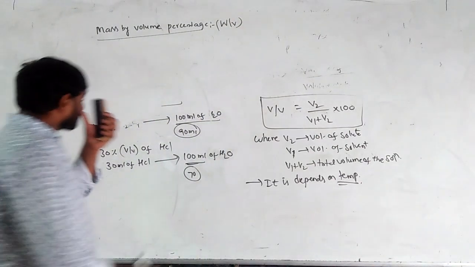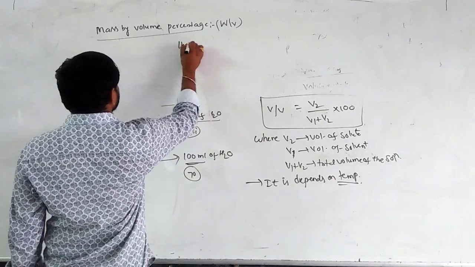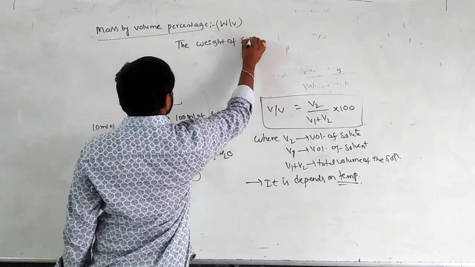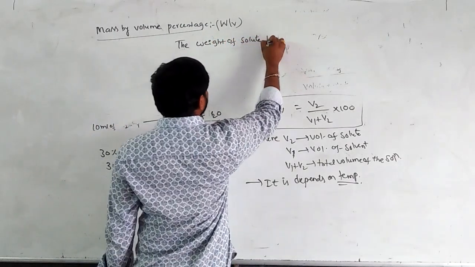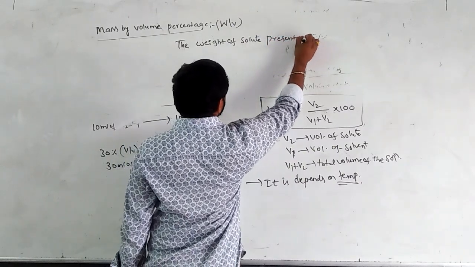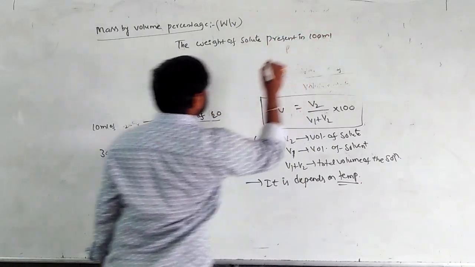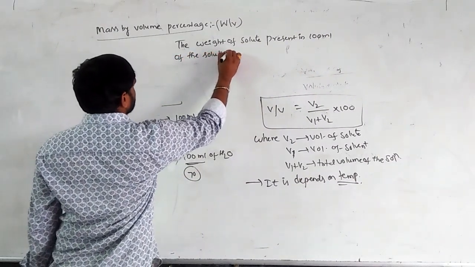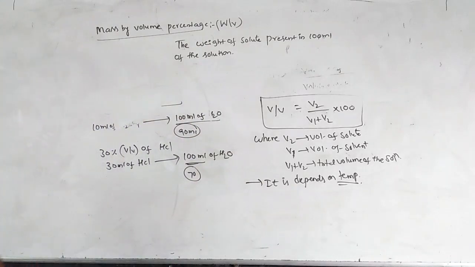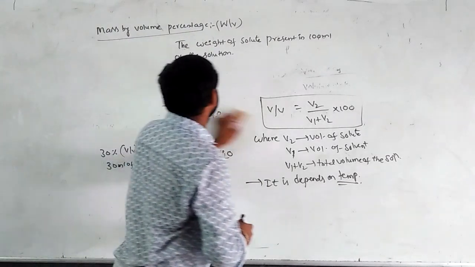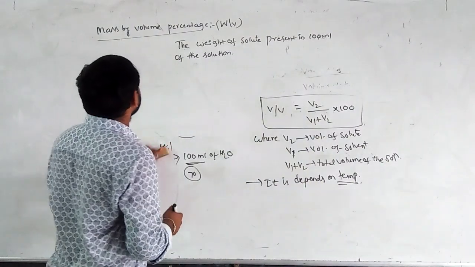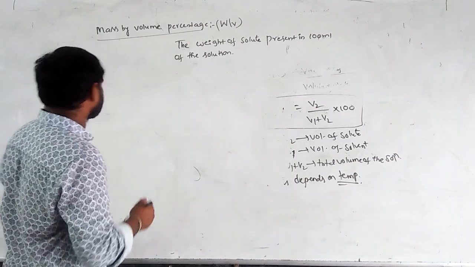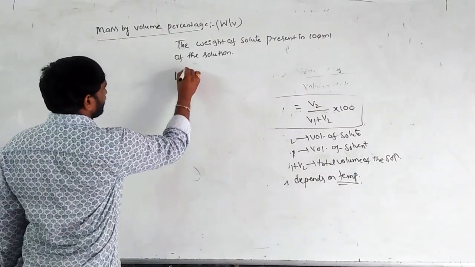So here the weight of solute present in 100 ml of the solution is known as mass by volume percentage. So here mass by volume percentage, weight by volume.